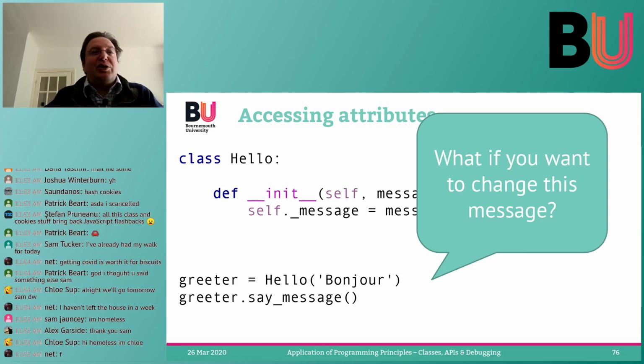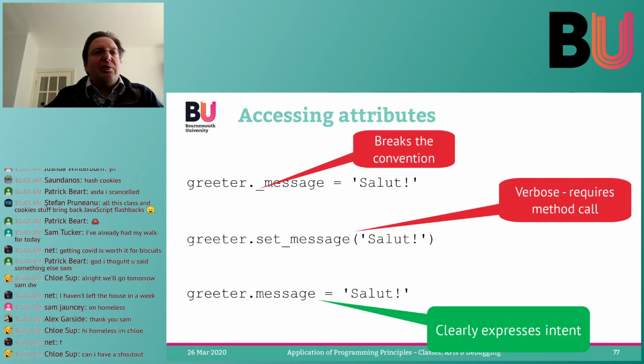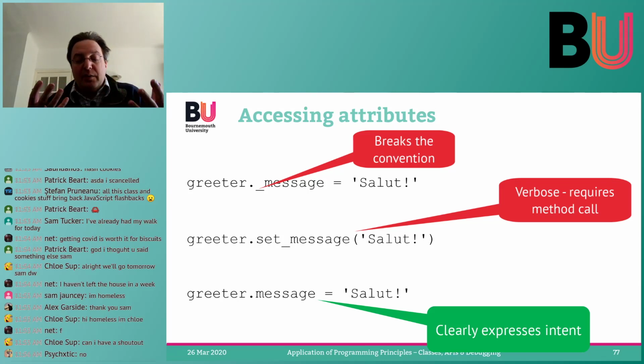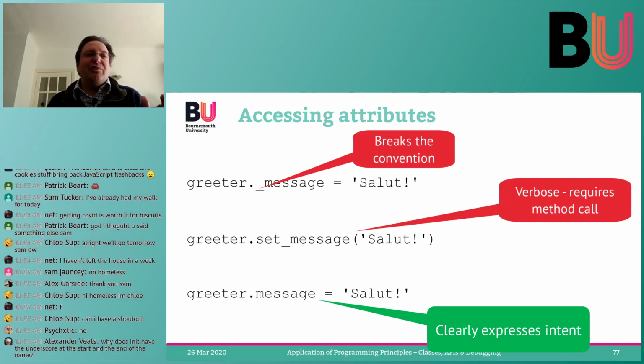We can actually change that also outside of our object. That's an interesting thing. So we don't really want to do it this way where we just access the attribute directly. This is possible. Python does not have this visibility thing that Java has, but it's not really great. We also don't really want to go through this whole set underscore message bit.